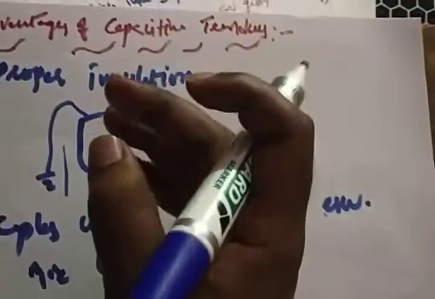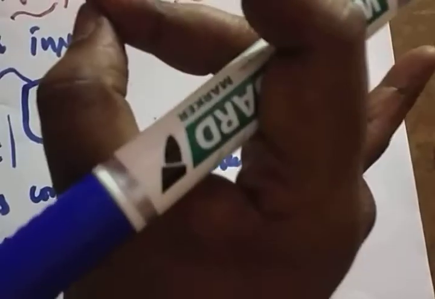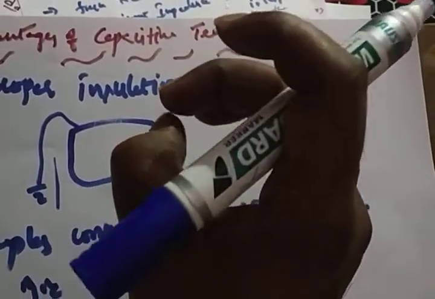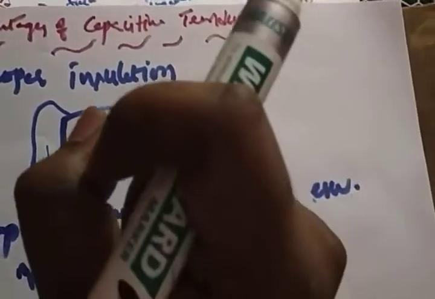What are the advantages? The smallest change in displacement can be measured, and it is more sensitive. It can be used for frequency response, and it has a high input impedance, so the loading effect is less. And the power consumption for getting the output is very less. So these are the advantages. And what are the disadvantages?